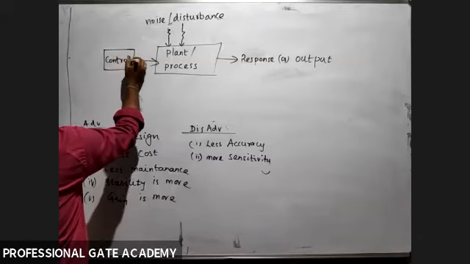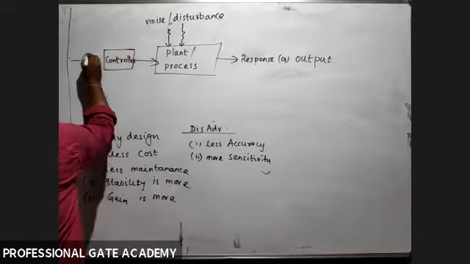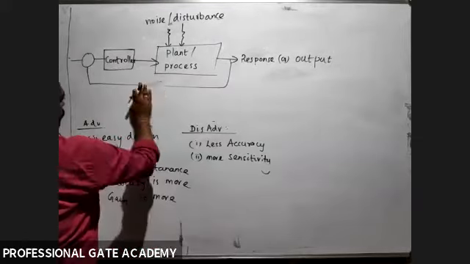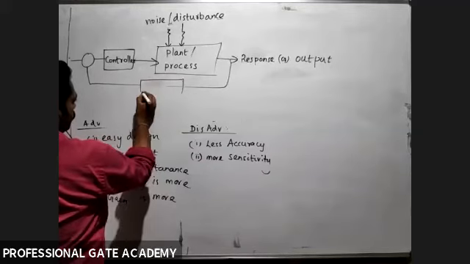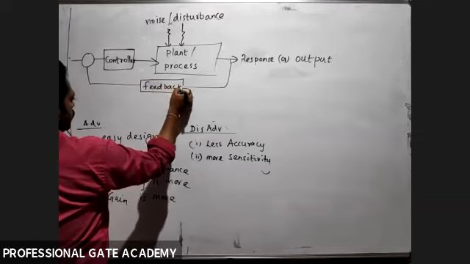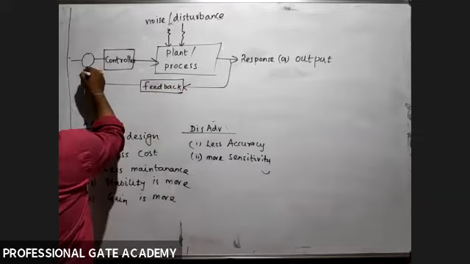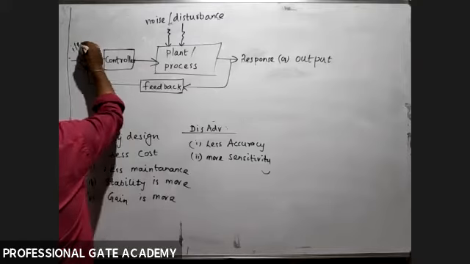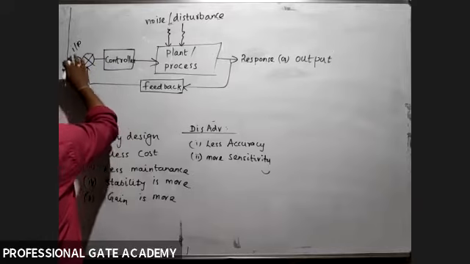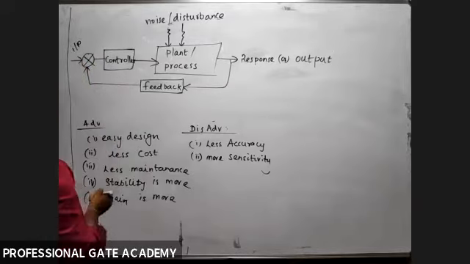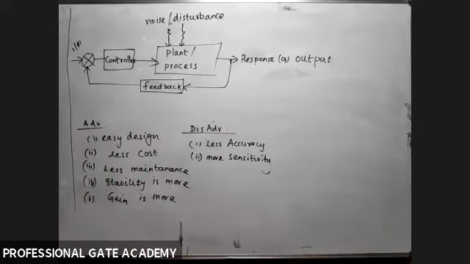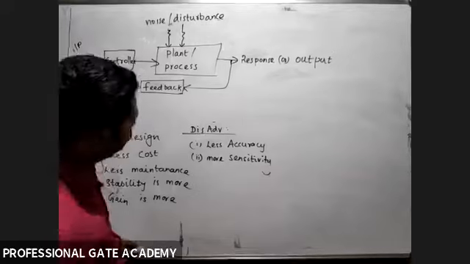Same as the open loop system, there is feedback, and this is the input. So this is the block diagram of a closed loop system. Take down the block diagram.